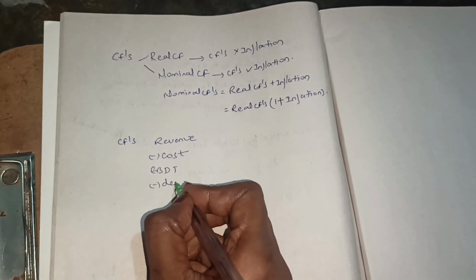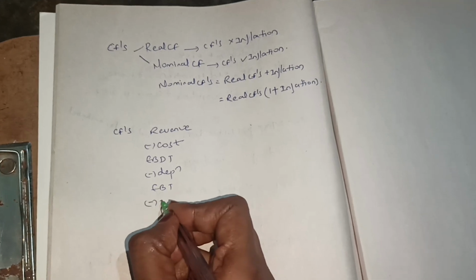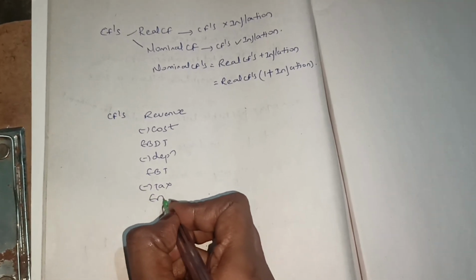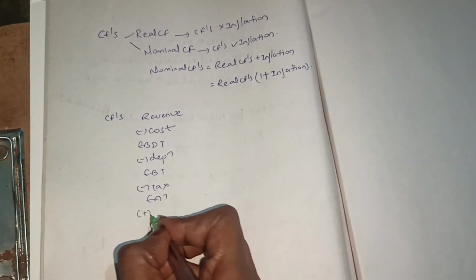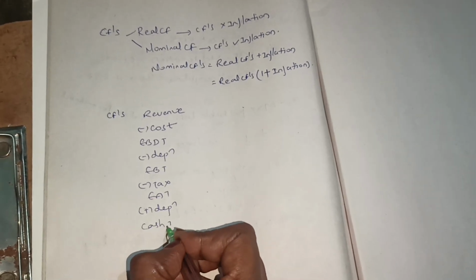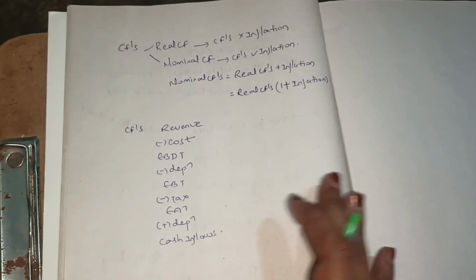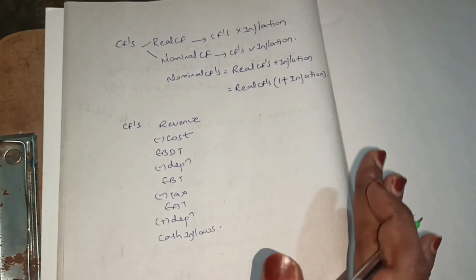EBDT minus depreciation, EBT. EBT minus tax, EAT. And when you add back depreciation, you will be getting cash inflows. I hope that I am very clear till here.